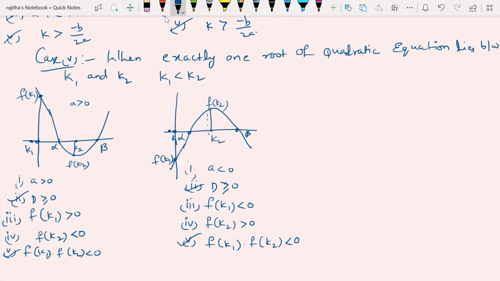The third case is when the real number k is less than the roots alpha and beta. Then, when the real number k is greater than the roots alpha and beta, and when exactly one root of the quadratic equation lies between k1 and k2. All the cases, here is the location of the roots. Okay, thank you.